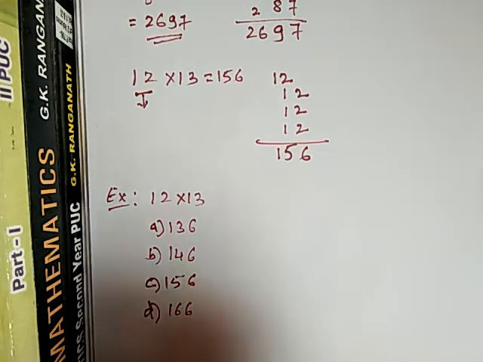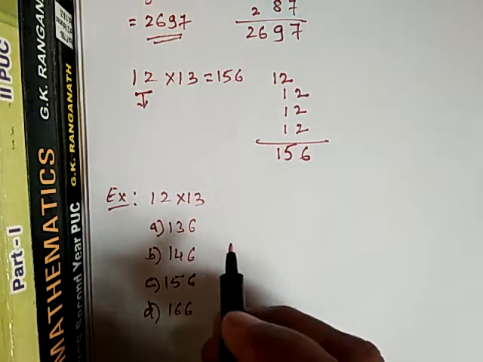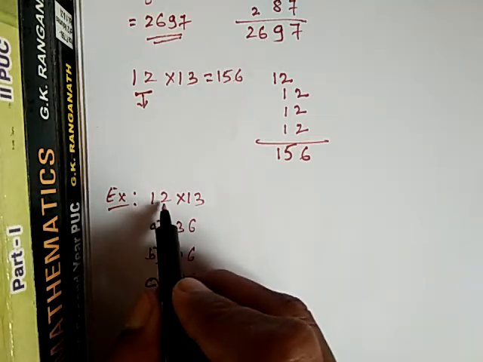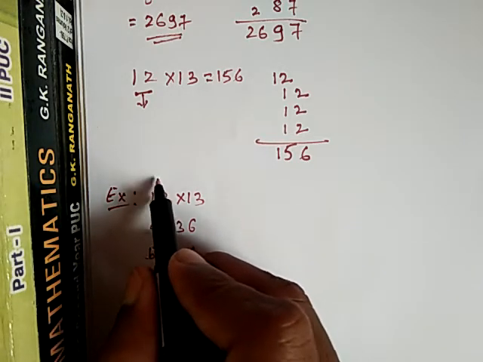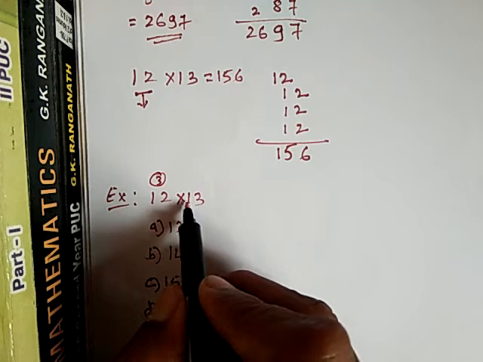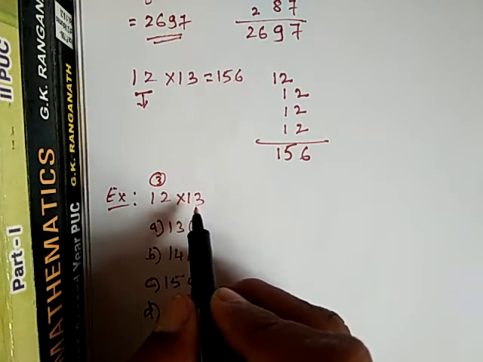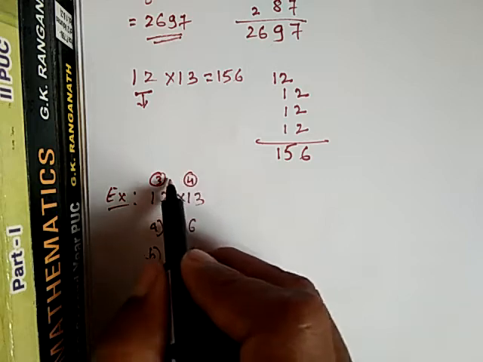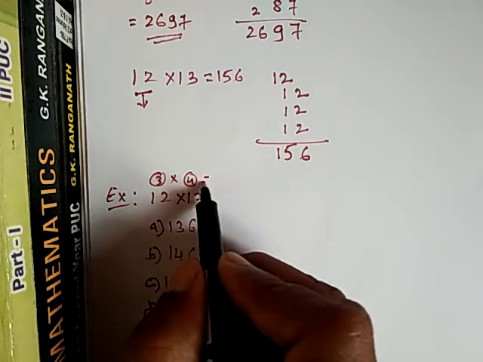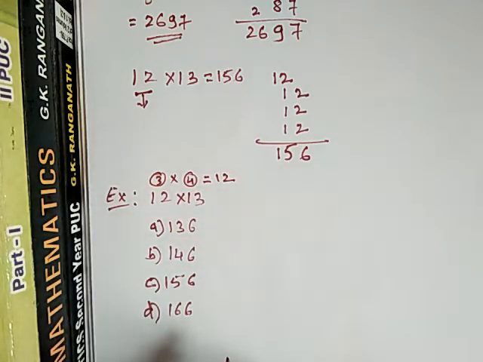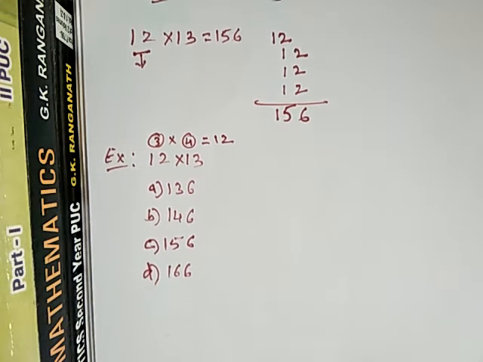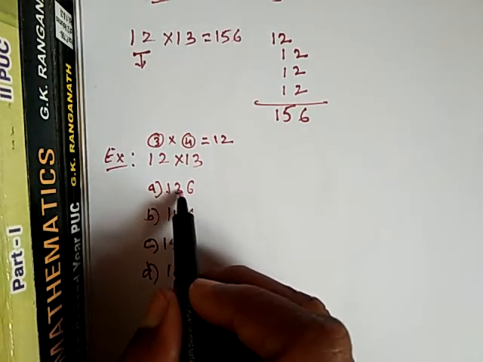You can multiply like this, or you can say, see here 1 plus 2 is 3, 1 plus 3 is 4. So 3 into 4 is, you got what here? 12.